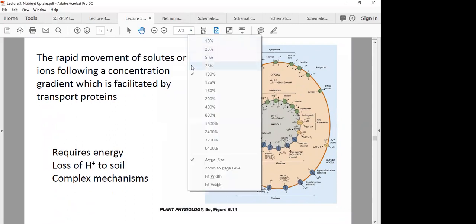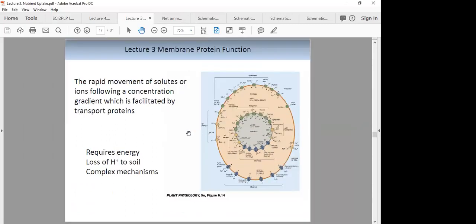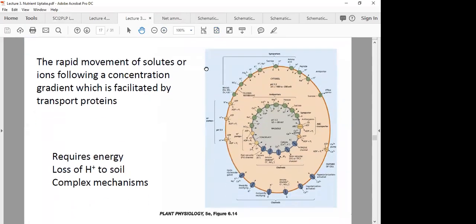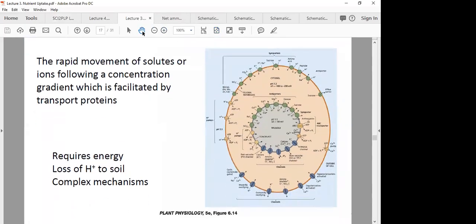And I need to actually move that over, which I can't. That's a shame. No, I can't move it over. That's okay. All right, so let's look at these different classifications of transporters.